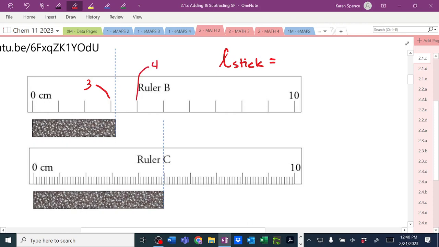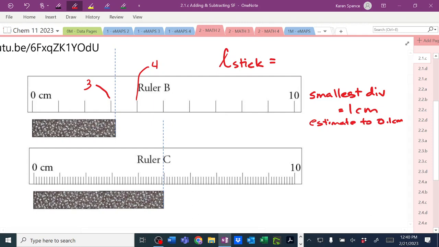So our smallest division is 1 centimeter. And so we can estimate to the 0.1. So 3 point something, 3.2, shall we say?